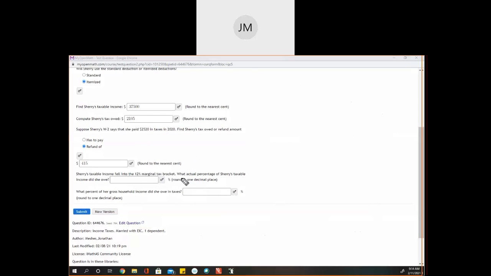So what percent, I'll write as a variable x. I know percent of means multiply. Sherry's taxable income. Well, the taxable income I have written down as $37,500.